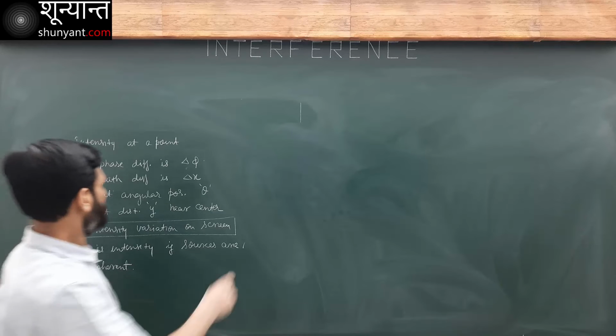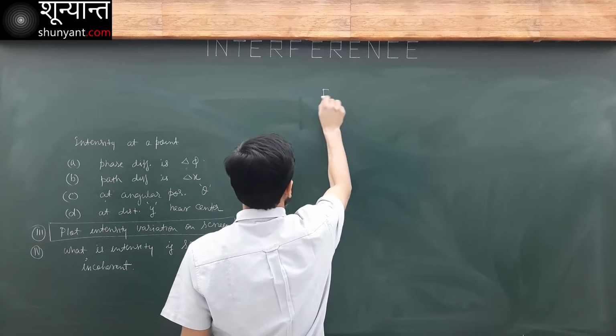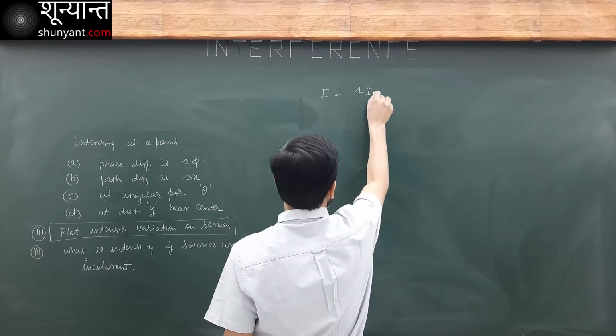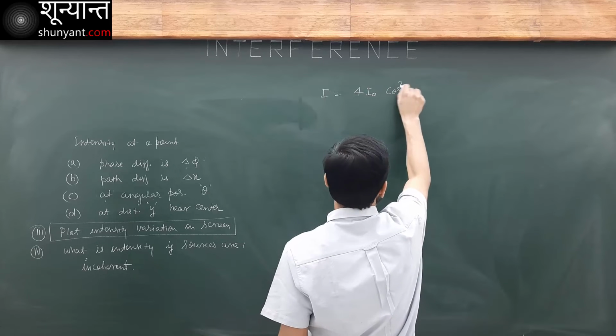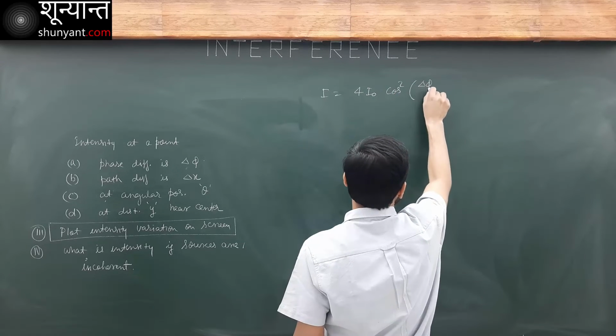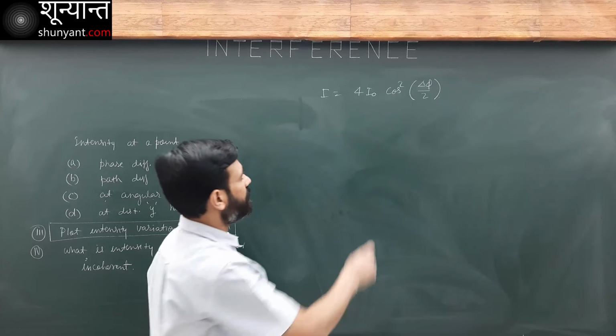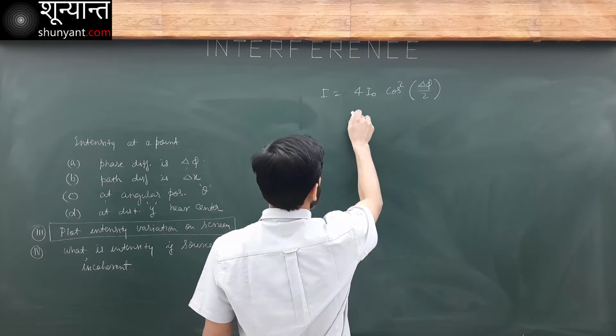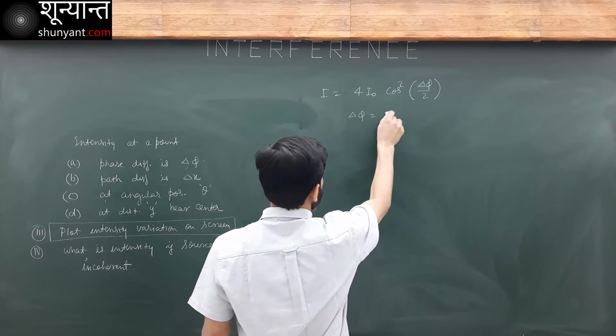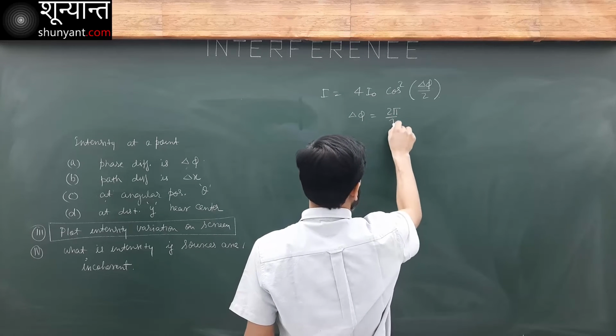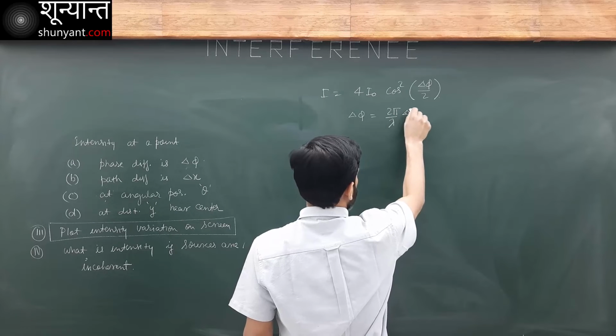It's like this. Intensity I is equal to 4I0 cos square delta phi over 2. Now what is delta phi? Delta phi is equal to 2 pi over lambda into delta x.